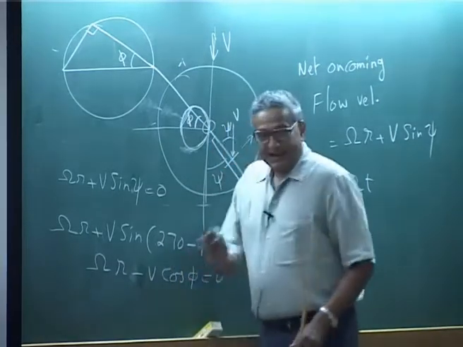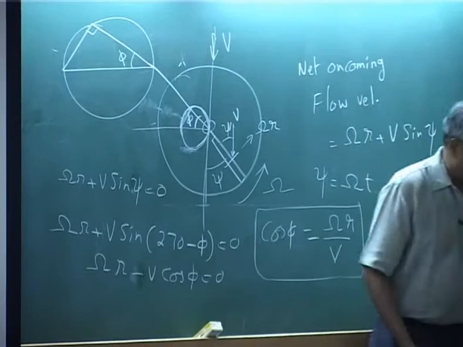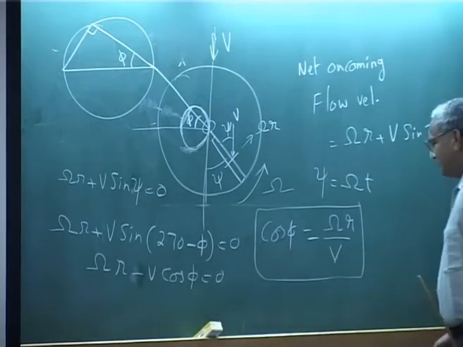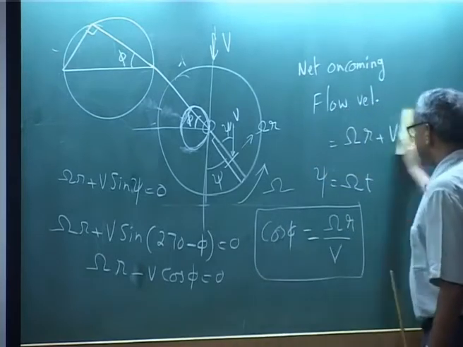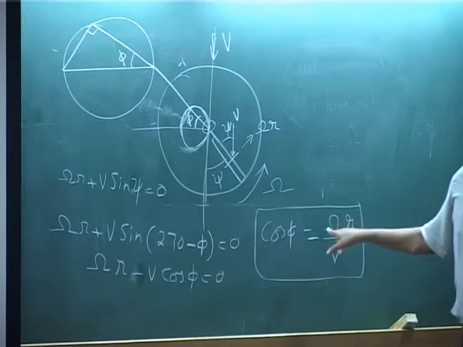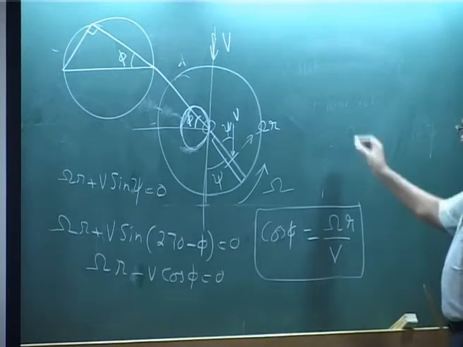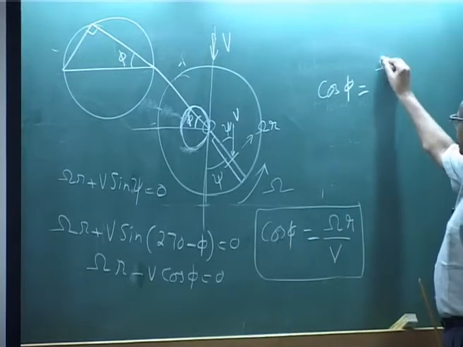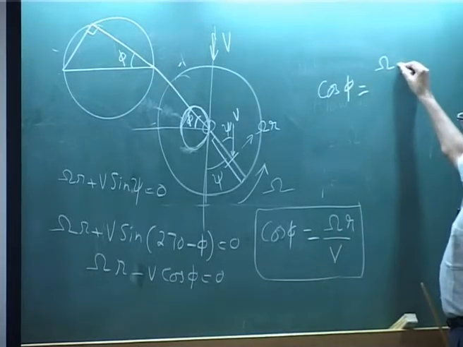if you want to non-dimensionalize, that is normally done, because it is never written in this fashion. I will just show. You divide by capital omega R, okay. Then what will happen?